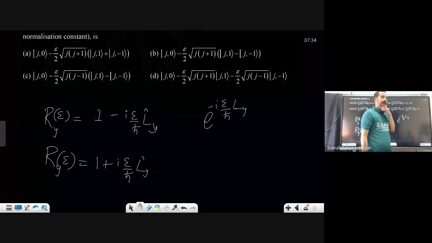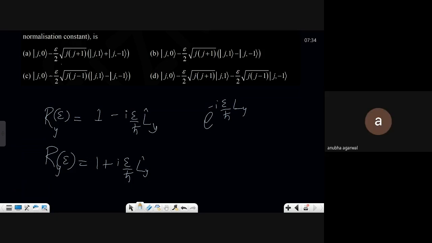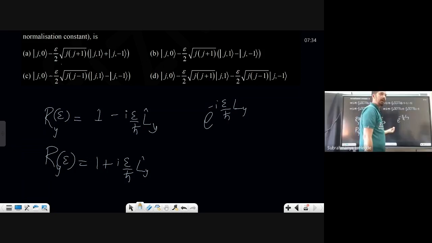Just like in classical rotation, X and Z happen one way. Why was the sign changed? Do you remember? Sin theta, minus sin theta, that sign was interchanged for Y. Whether the same thing happens in quantum, let us see.